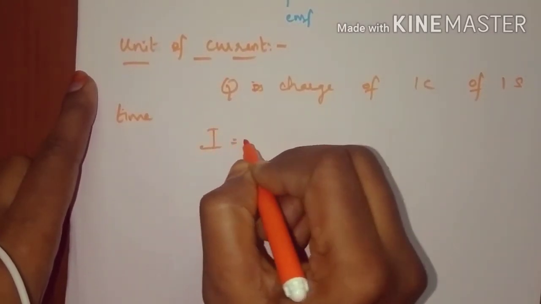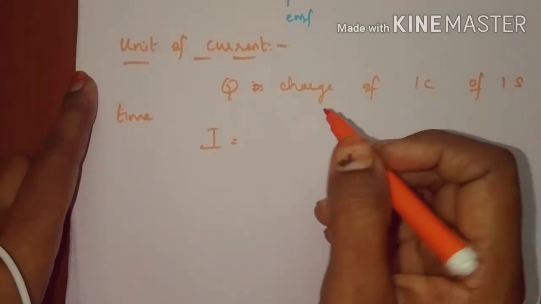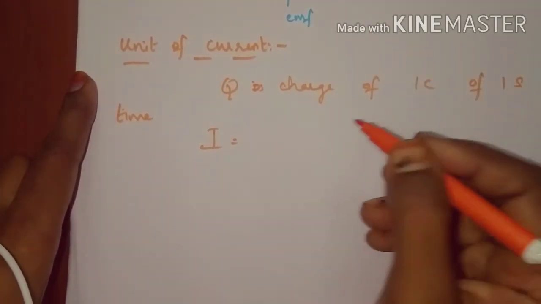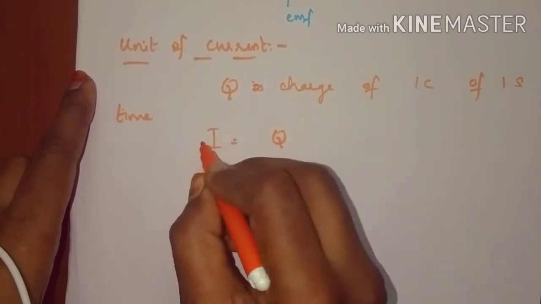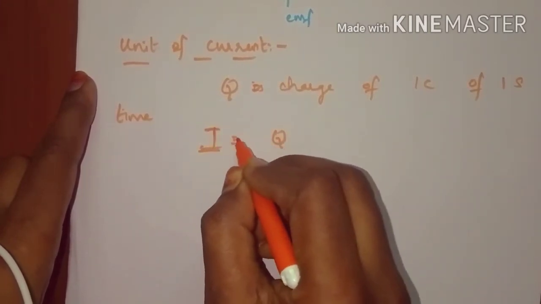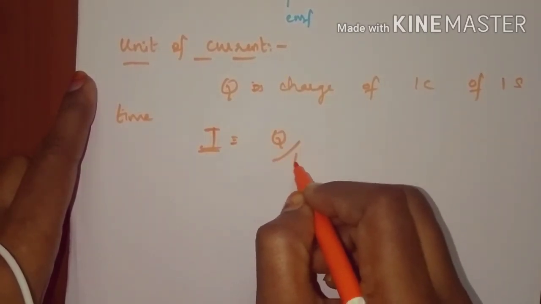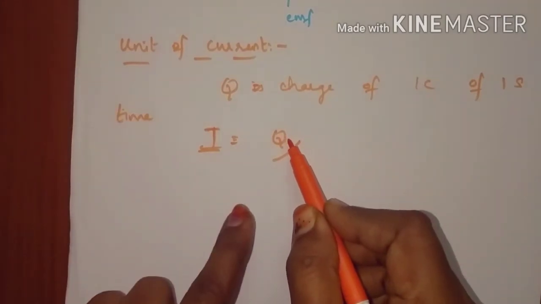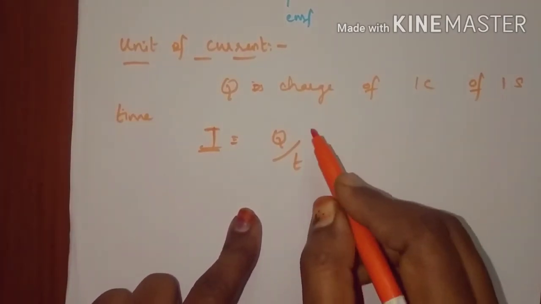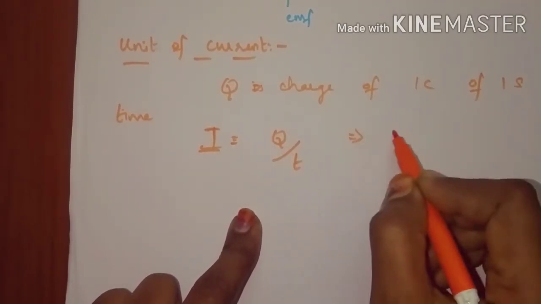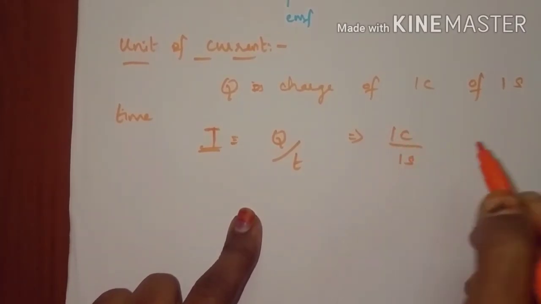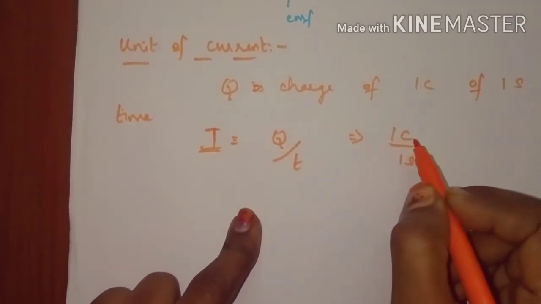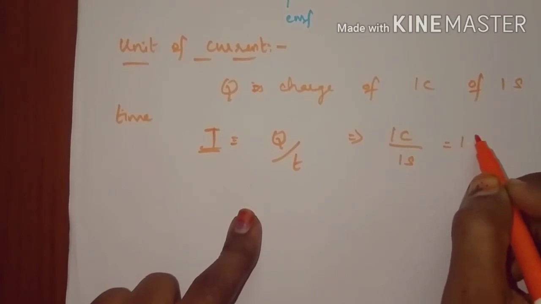Current is nothing but the rate of flow of charges, the rate of flow of electrons. So current I is given by the ratio Q by T, the rate of flow of charges for a particular time. We took the charge as 1 coulomb for 1 second, so the current constituted would be 1 ampere.